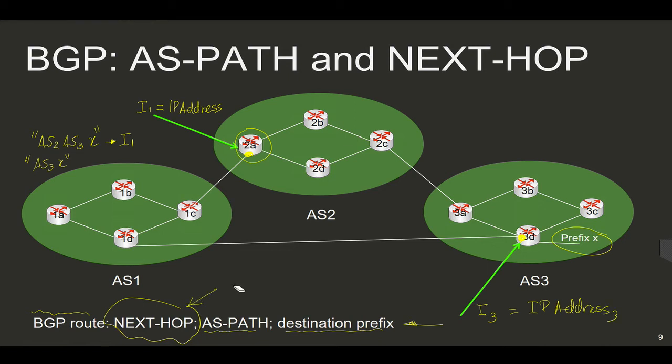There's one thing: the next hop is always going to be an IP address of a router or the interface of a router that is not part of the autonomous system. So for instance, if you are AS1, the next hop is actually an IP address of a router in AS2, or the gateway router in AS2. And if you're autonomous system 1, the next hop for this advertisement AS3 X is the IP address of a router, in this case router 3D in autonomous system 3.